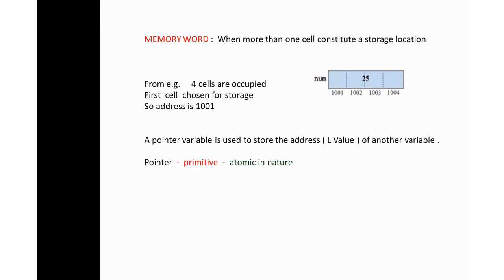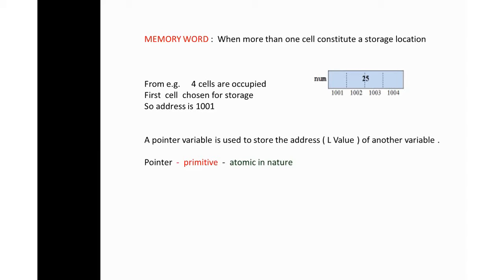So more than one cell you have, yes or no? 1001, 2, 3, and 4. You have 4 cells over here. Since more than one cell is used, it is called a memory word.